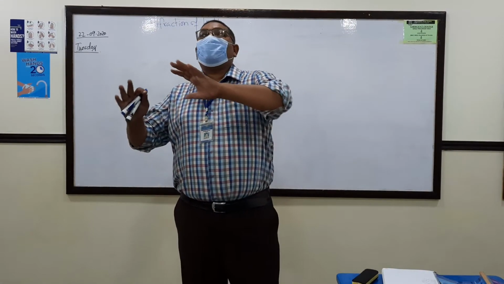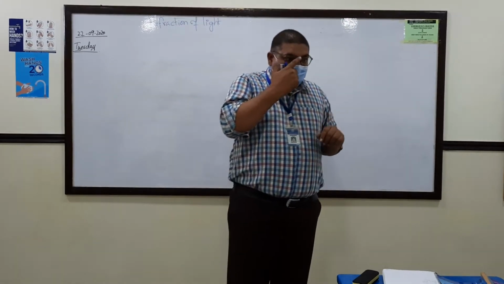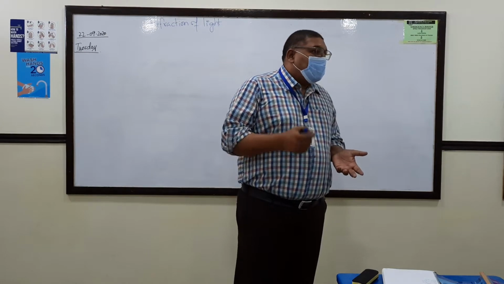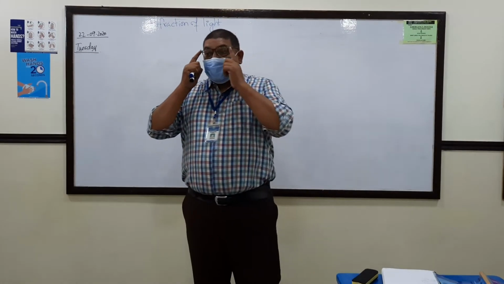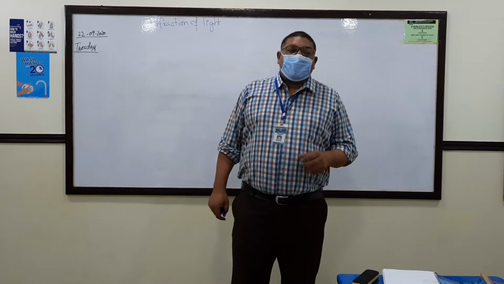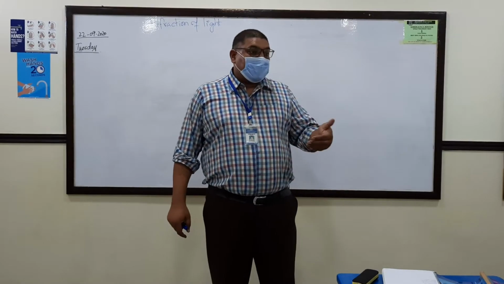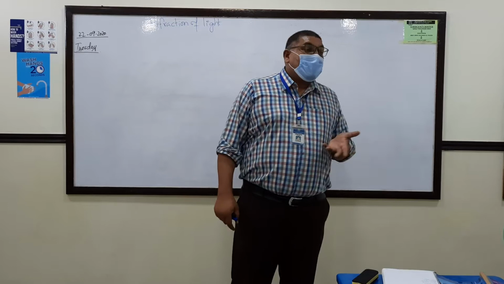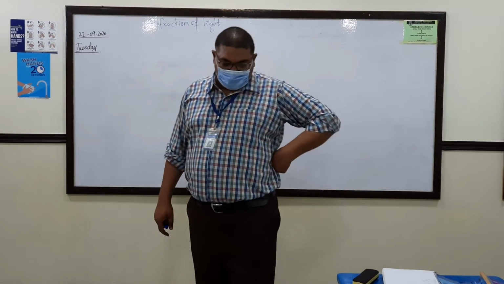So, for example, if the light is traveling in the air, the air is a medium. For example, the light travels in a glass, the glass is a medium. For example, the light is traveling in the water, then the water is called a medium in which the light is traveling.